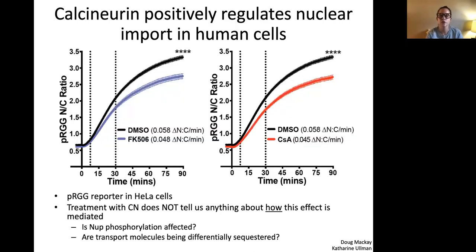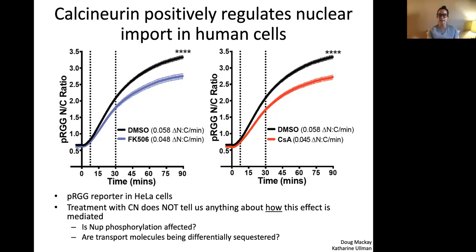I also want to show these graphs, which are just quantifying these videos over many hundreds of cells and showing that both of these inhibitors behave really similarly in slowing down or lowering the extent of nuclear to cytoplasmic distribution, but also significantly impacting that initial rate of accumulation.